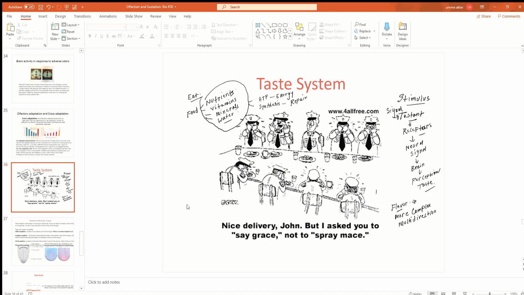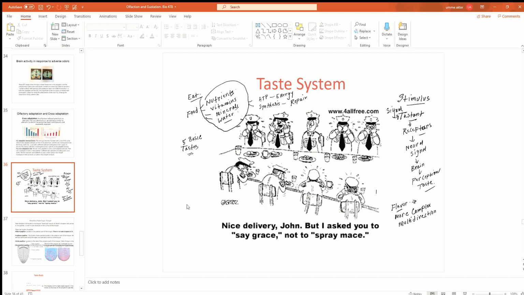Now, five tastes are considered as basic tastes. Before, four tastes used to be considered as basic tastes. Now we have five, because the taste of protein, that is called umami, has been added later.